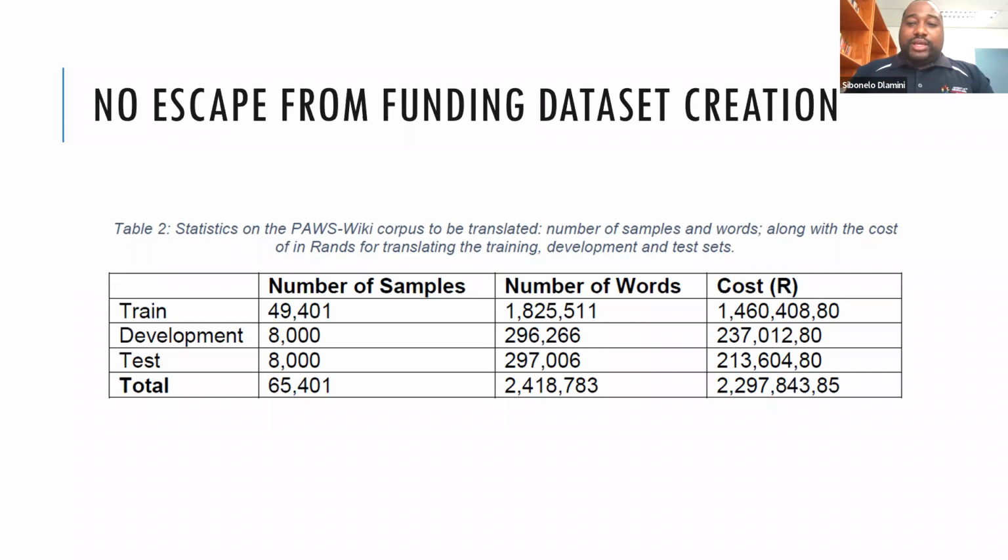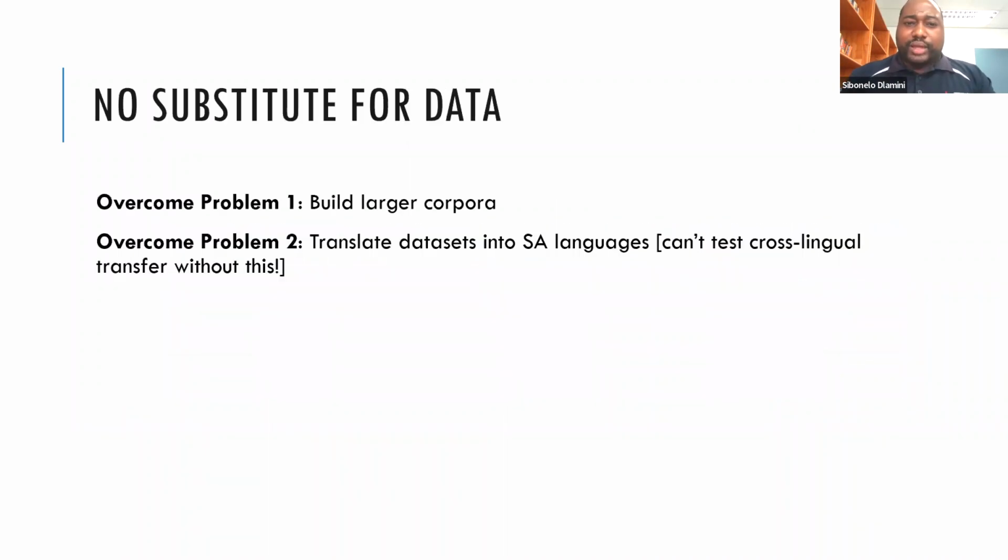But I think it's important for us to stare at these numbers and not lie and confront the reality, because as I mentioned here, there is no substitute for data. If you want to train a good machine learning model, you need a lot of data.